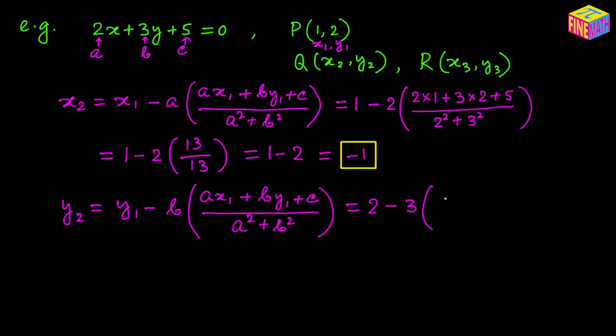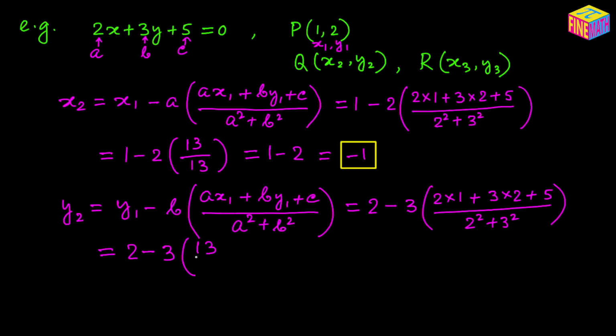It would be a times x sub 1, so that is 2 times x sub 1 which is 1, plus b times y sub 1, that is 3 times positive 2, plus c which is 5, over 2 squared plus 3 squared. If we simplify this, we get 2 minus 3 times, in the numerator 2 plus 6 plus 5, that is 13, over 4 plus 9, that is also 13, so 13 over 13. Here again we have 2 minus 3, and that is equal to negative 1. So here again we got negative 1.